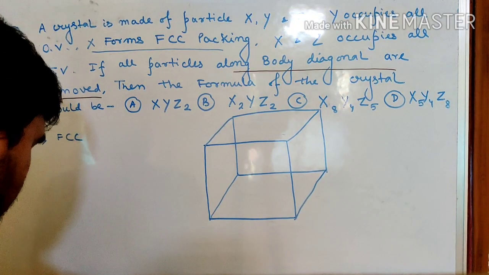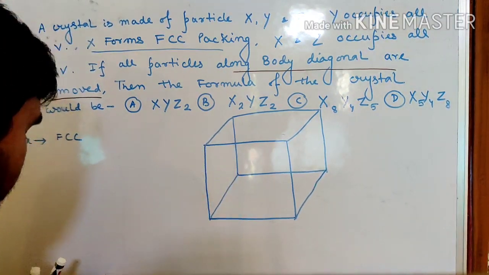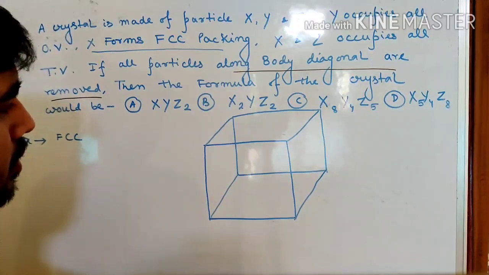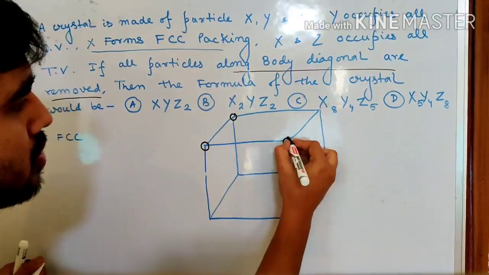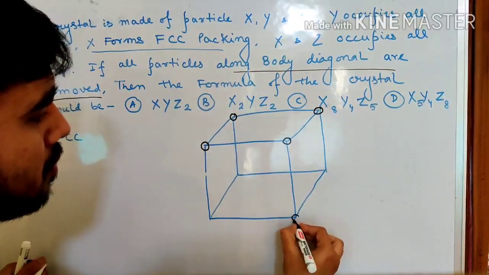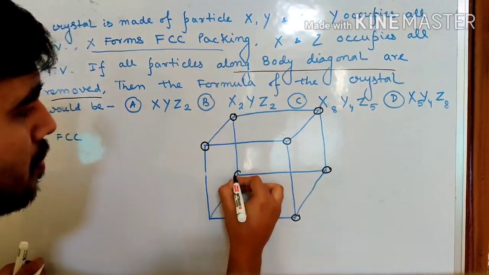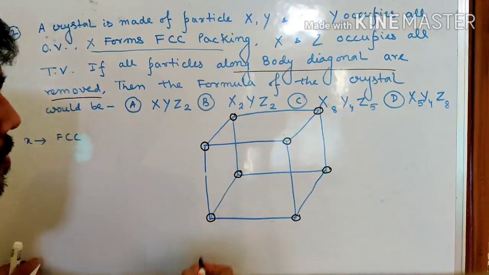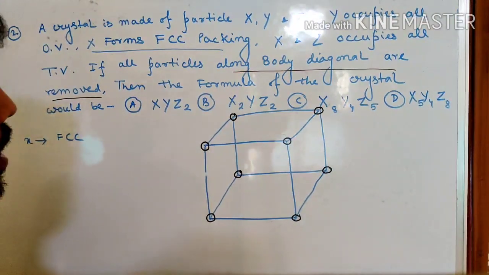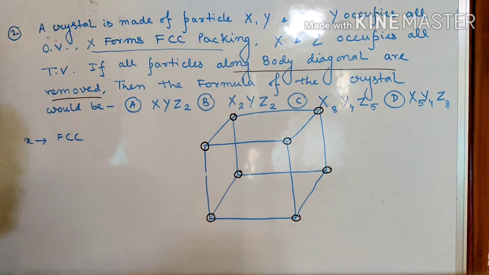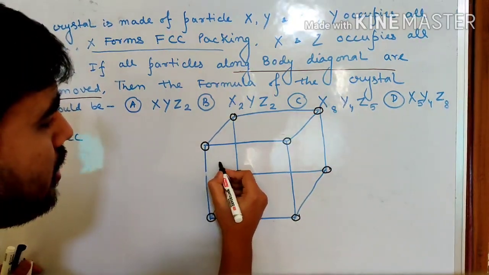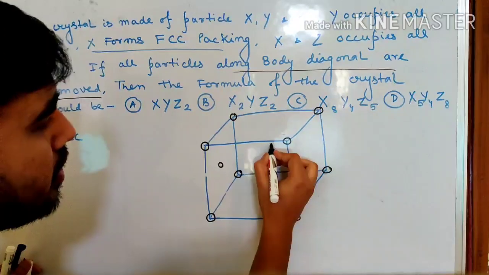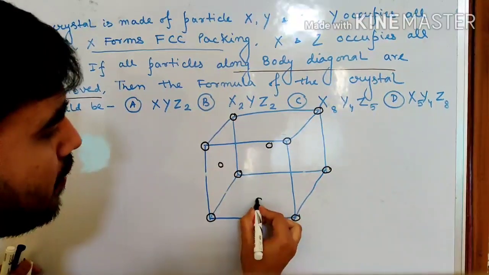So X will be present over here at all the corners, and at the same point of time, FCC, because it will be present at the center of each face also.